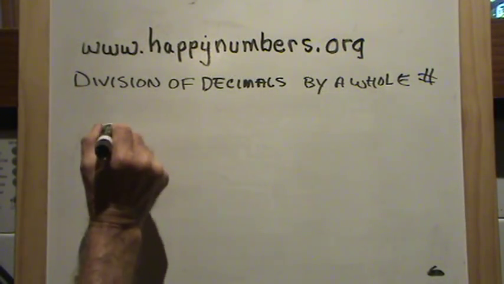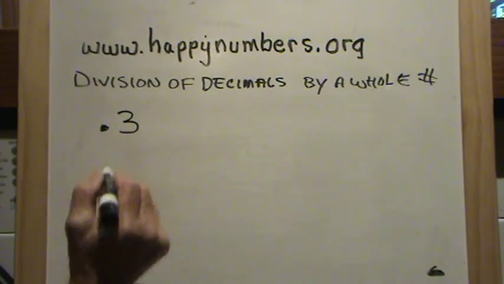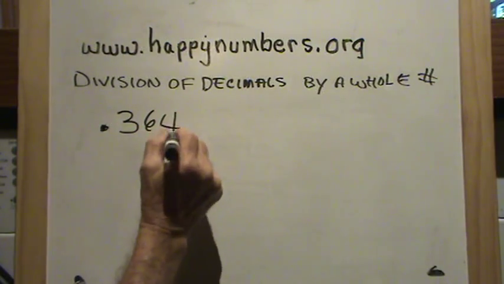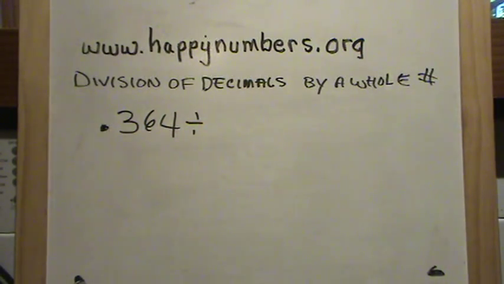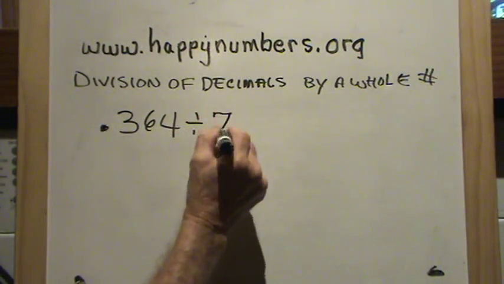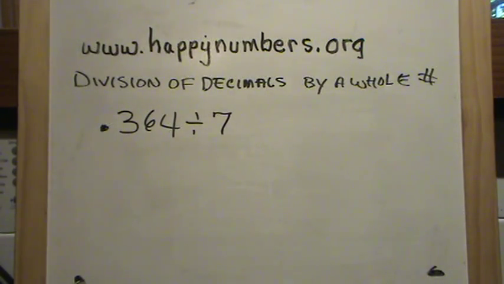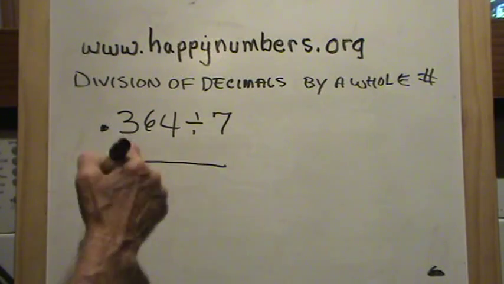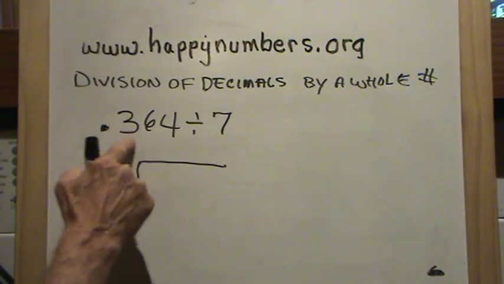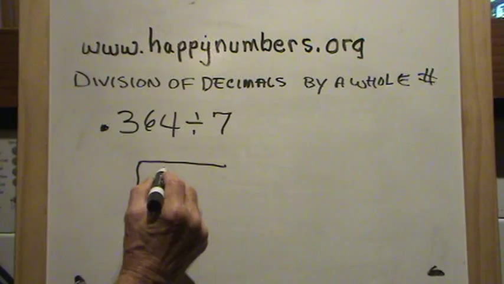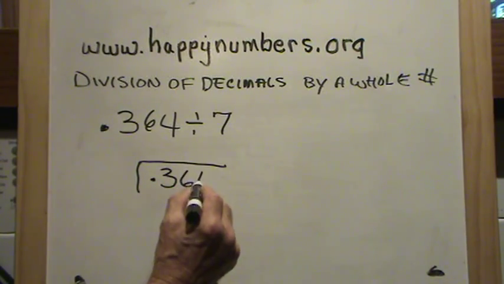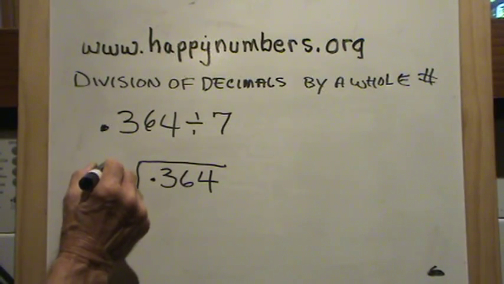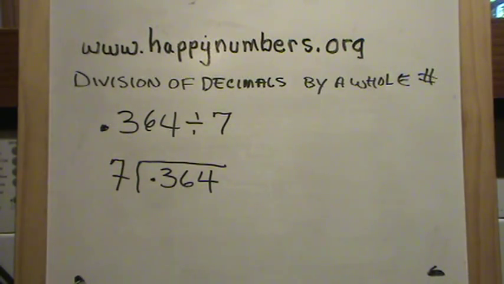Let's divide 364 thousandths divided by the whole number 7. The process is exactly the same. 364 thousandths is being divided by, so it goes under the division sign, and it's being divided by the number 7.